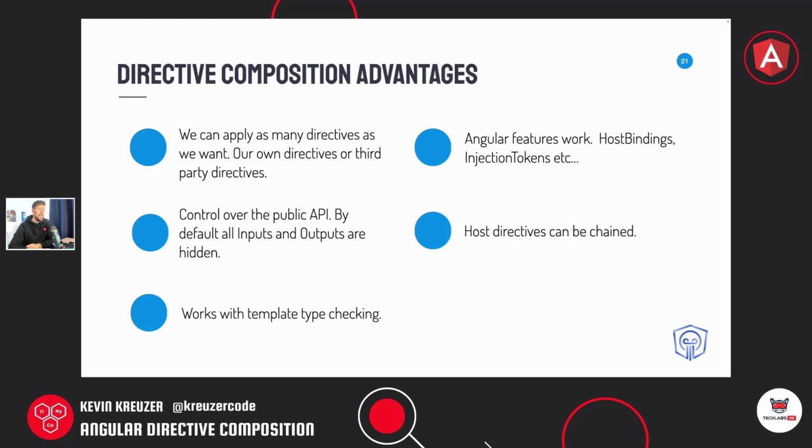Another cool thing that I haven't used yet, but you can basically chain those directives. So you can have a directive or multiple directives, and then use host directives on one of those directives, and then use this directive again in another host directive. So you can chain those things together. And another cool thing is the thing that we just saw when we renamed the drag zone to pinboard, is that inputs and outputs can be aliased to better fit the applied context.